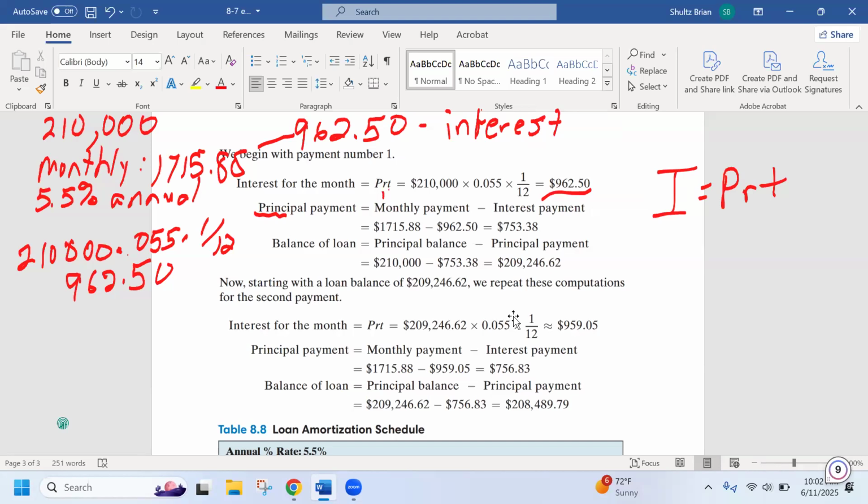I take my 1,715.88 and subtract 962.50, and this is how much I get to put onto my principal. So I take my principal 210,000 and subtract 753.38, and this is my new principal after 1 month.